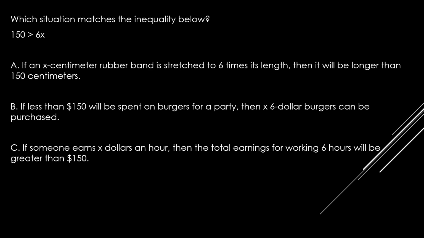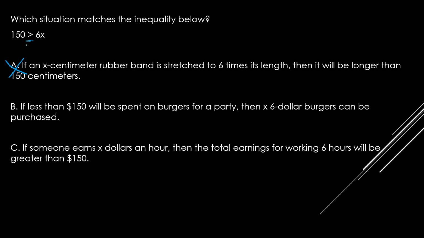Which situation matches the inequality below? So it looks like 150 is going to be greater than 6x. Okay, so whatever I am multiplying 6 of, that has to be less than $150. So A says that if an x centimeter rubber band is stretched 6 times its length, then it will be longer than 150. This one is not correct because it's saying that it's going to be longer than 150, but we need it to be less than 150 because 150 is the biggest number we can have because of this inequality sign here.